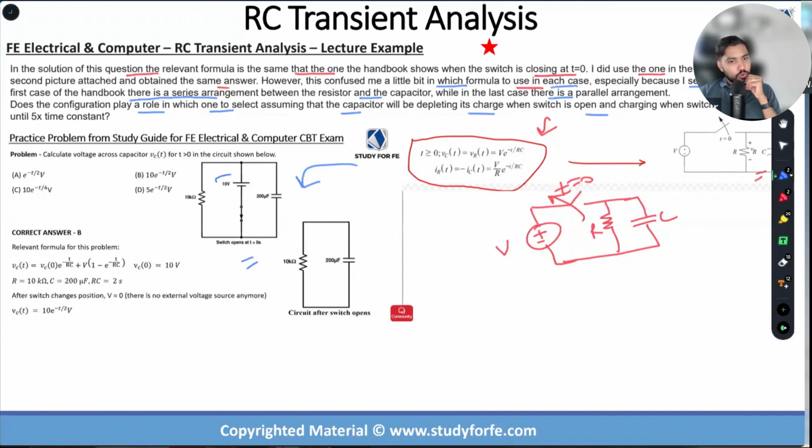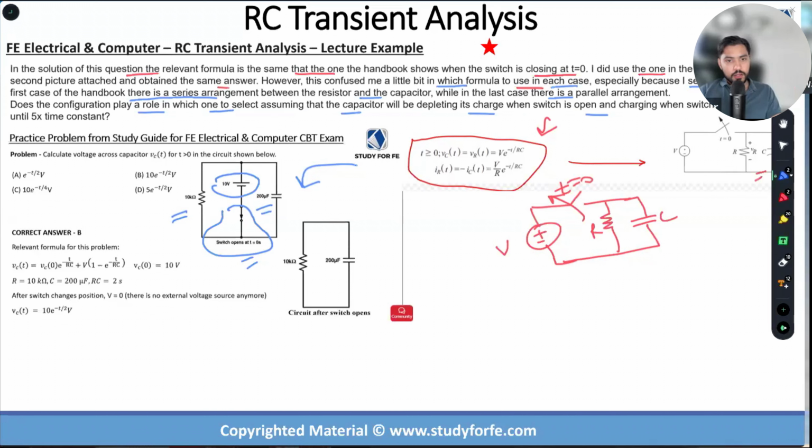I have a 10-volt DC source that is being simultaneously applied to the 10K resistor and a 200 microfarad cap. This is the switch, and the switch is opening at t is equal to 0. This problem is an interesting problem that is in the study guide. I've had students ask me questions about this problem. That's why I decided to do this problem in the on-demand course as well.